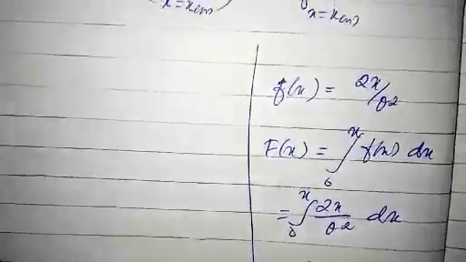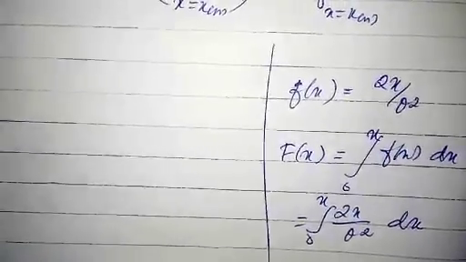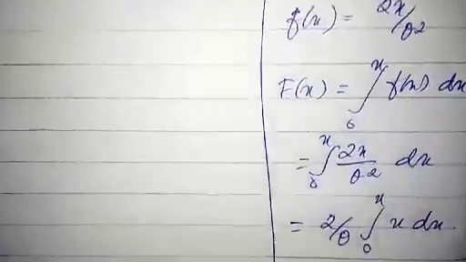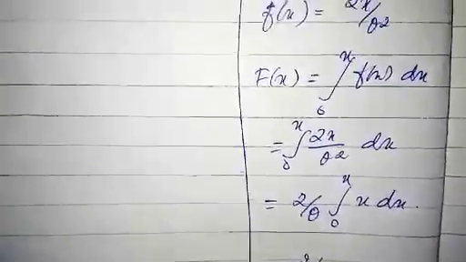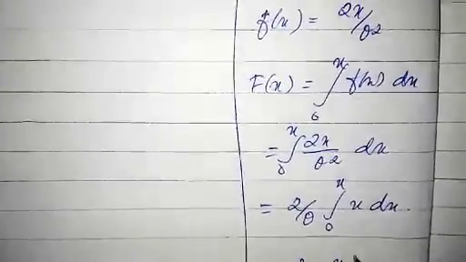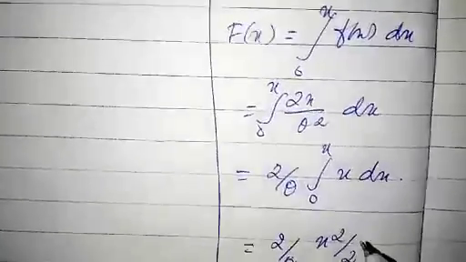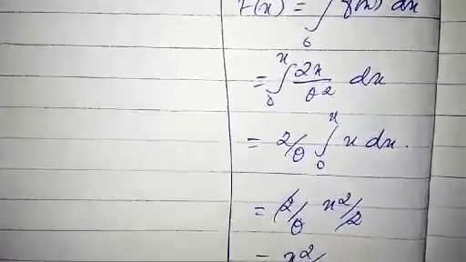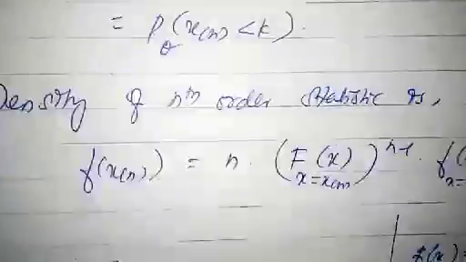We can take 2 divided by theta square outside, then integral over x dx equal to x square divided by 2, right? Which is equal to x square by theta square. Then here substitute the values.